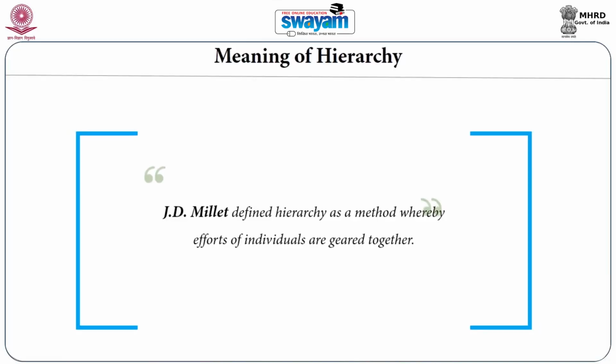And J.D. Millett also defined hierarchy as the efforts of individuals which are geared together. In a hierarchical organization, efforts of all individuals from the lower to the top are put together to achieve a particular goal. So, hierarchy is relevant to achieve particular goals.